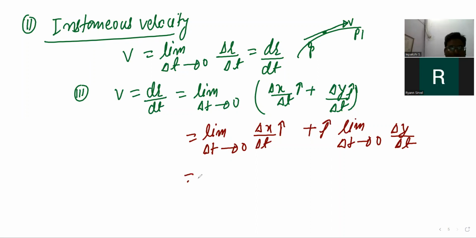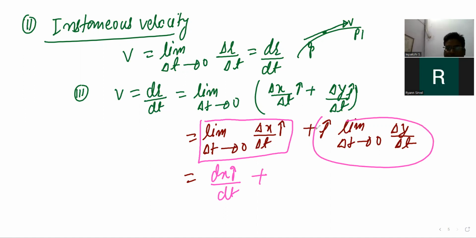Or it can be written in the form of this whole thing. I will make a bracket. So this whole thing can be written in the form of change in position, so delta x of i by delta t, and this will become delta of y into j upon delta of t, right? In this way, it is defined. And as we know, delta x by delta t is nothing but v of x.